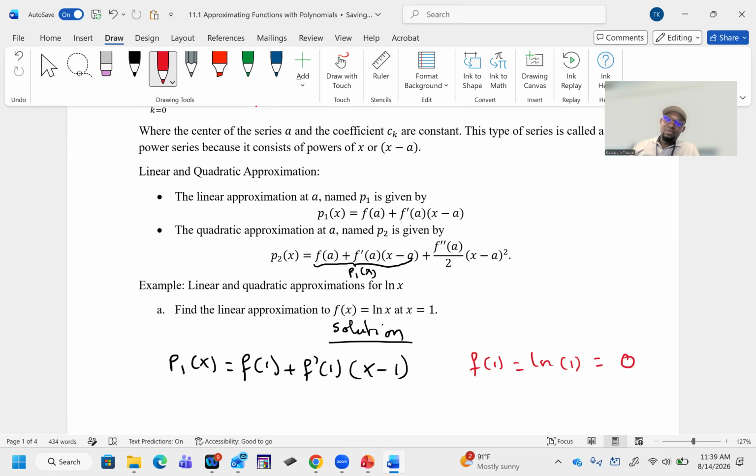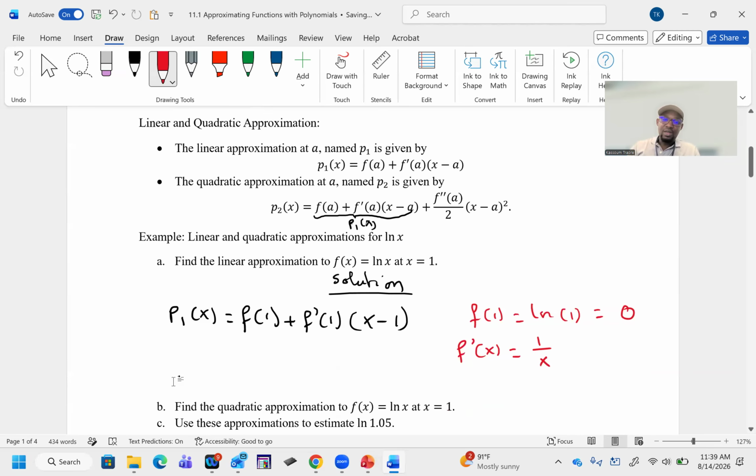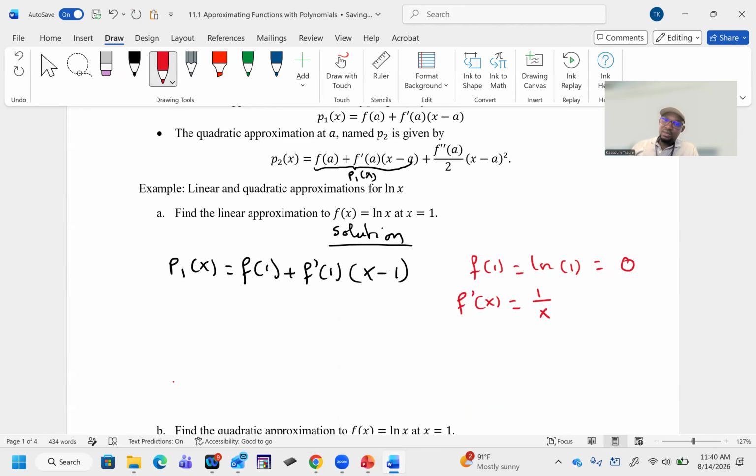We need f prime of 1, but to find f prime of 1, we first need to find f prime of x. f prime of x is 1 divided by x. So f prime of 1 will be 1, right?